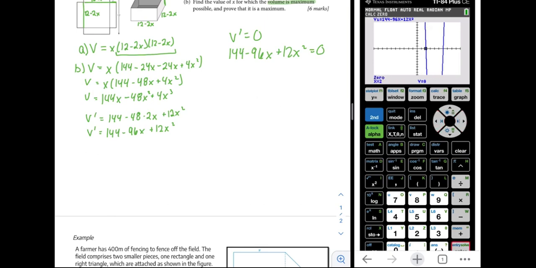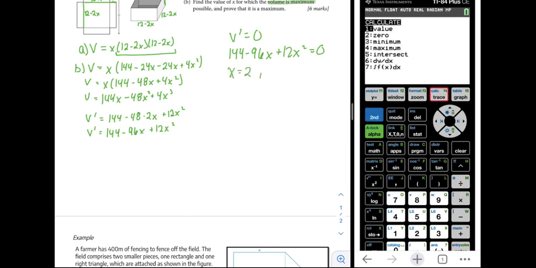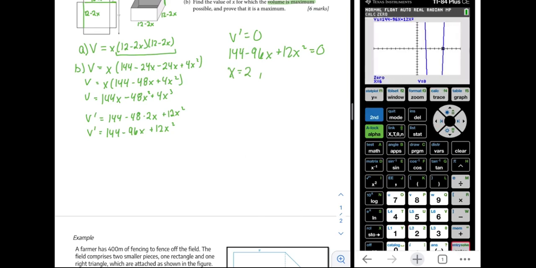And I'm going to get that one of the zeros happens when x is equal to 2. And the other one is going to happen when x is equal to 6. Now one of these will be a maximum and the other one will be a minimum. You can use your understanding of functions from last class.